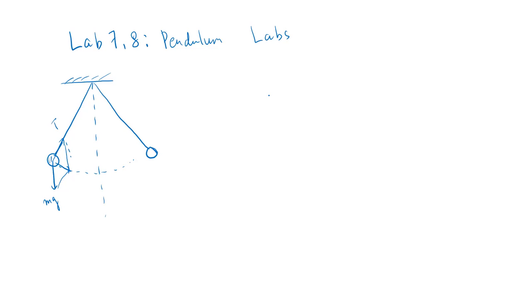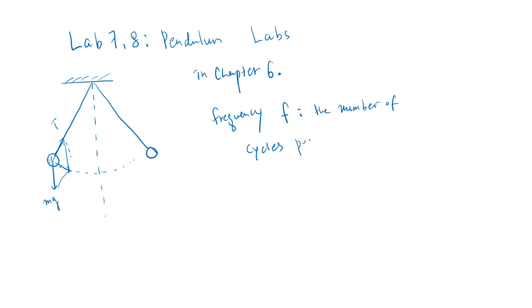In this case, we have to know there are 2 quantities specifying oscillation, which we learned in chapter 6. There is frequency, usually written as f. f is just how many times it oscillates, the number of cycles per unit time.